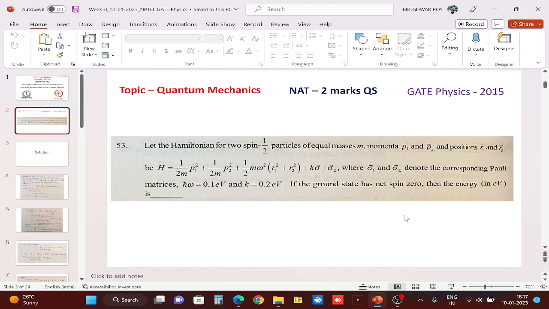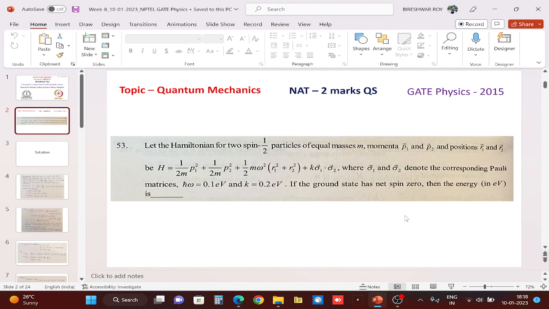If you can give some hint about the third part. Okay, so there are two spins. If you apply the operator L square or sigma square on some spin state, what will you get? You know about angular momentum, right?